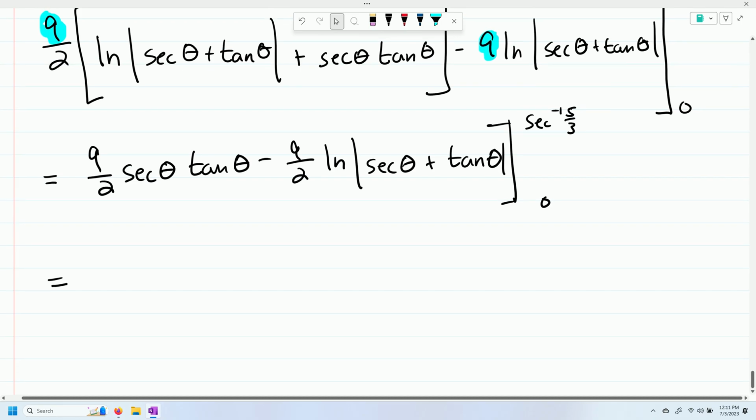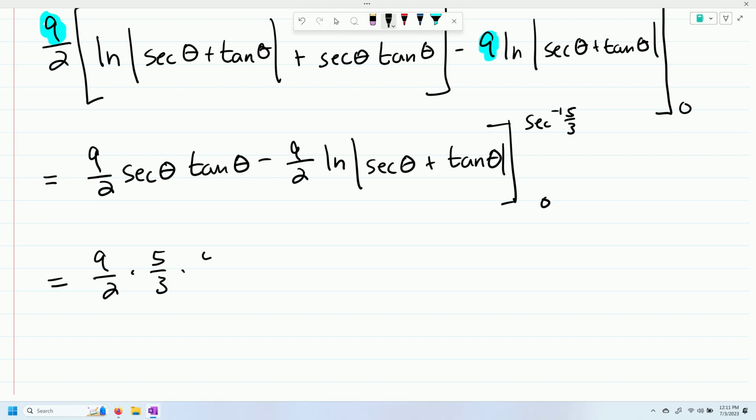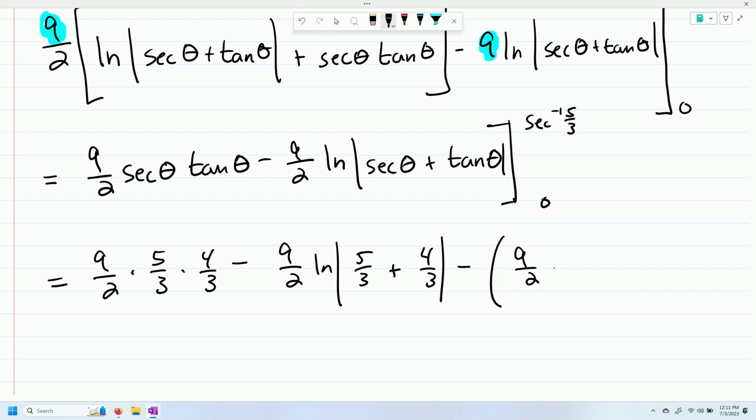Making all the appropriate substitutions, you get 9 over 2 times 5 over 3 times 4 over 3, minus 9 over 2 times the ln of 5 over 3 plus 4 over 3, minus 9 over 2 times 1 times 0, minus 9 over 2 times the ln of 1 plus 0.